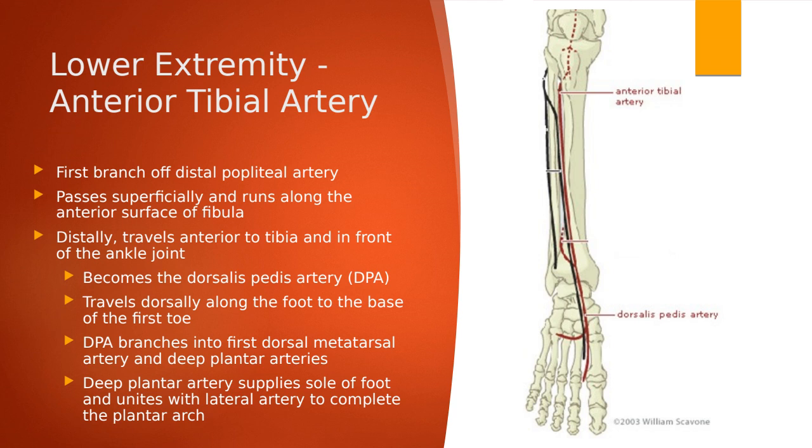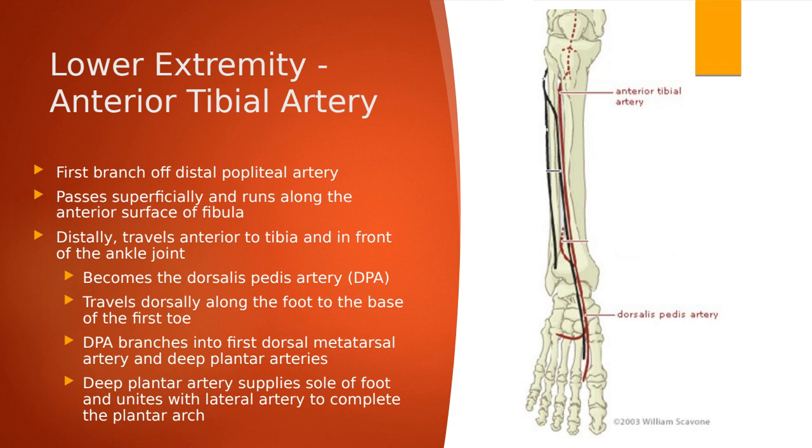So our ATA is going to travel along, like we said, the outer anterior aspect of our fibula, the outside part of our calf, and it's going to loop around into the front of our ankle. It's going to travel right along that top part of our foot, and then it's going to become our DPA, our dorsalis pedis artery. That artery is going to travel along the top part of our foot and then head to our first toe, our big toe.